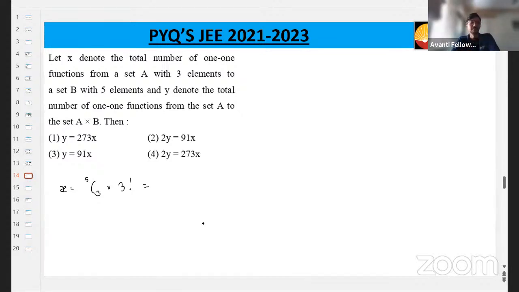Yeah, sorry for that. So here we have 5C3 into 3 factorial. Now what is 5C3? So X is the number of 1-1 functions. Now for a 1-1 function, we have to get one element from set A and one element from set B. Since there are 3 elements in set A, that means we can only get 3 1-1 functions.